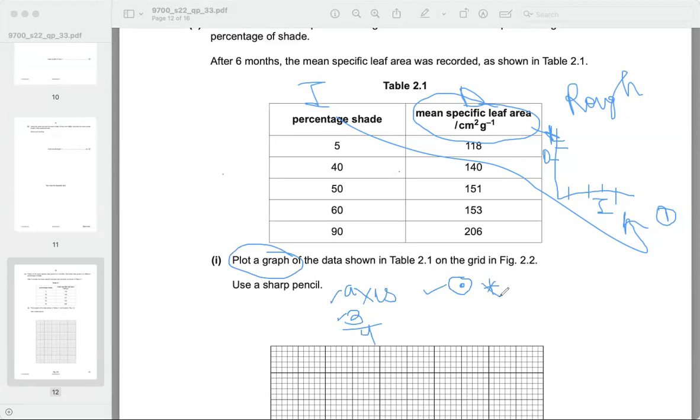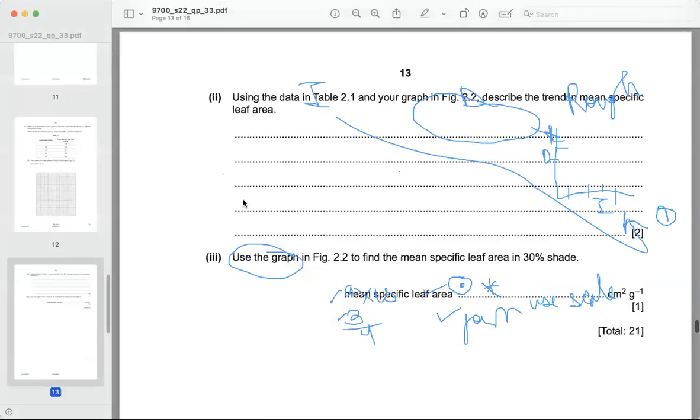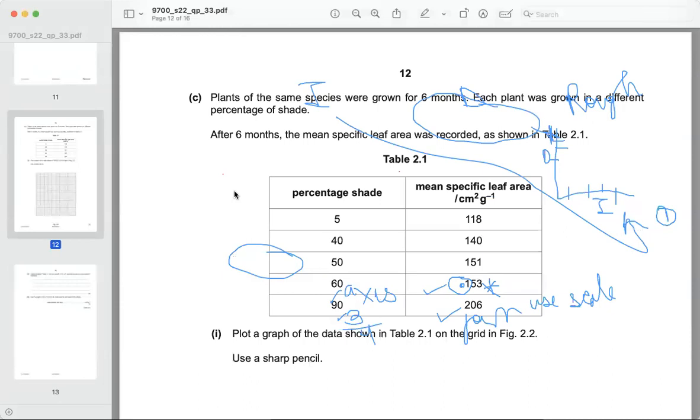It's very important that you mark each of the points correctly, and make sure you join them. If it is mentioned that it is supposed to be a curve, you join it by freehand. If it is not mentioned, please use your scale to join the points clearly.